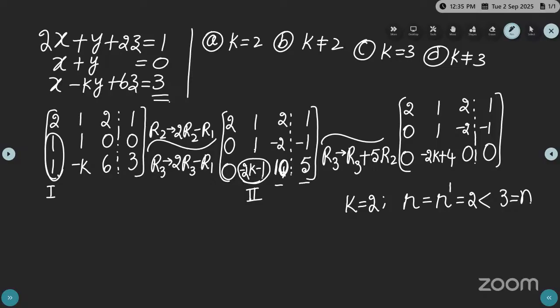Then there exist infinite solutions, and the system is consistent.